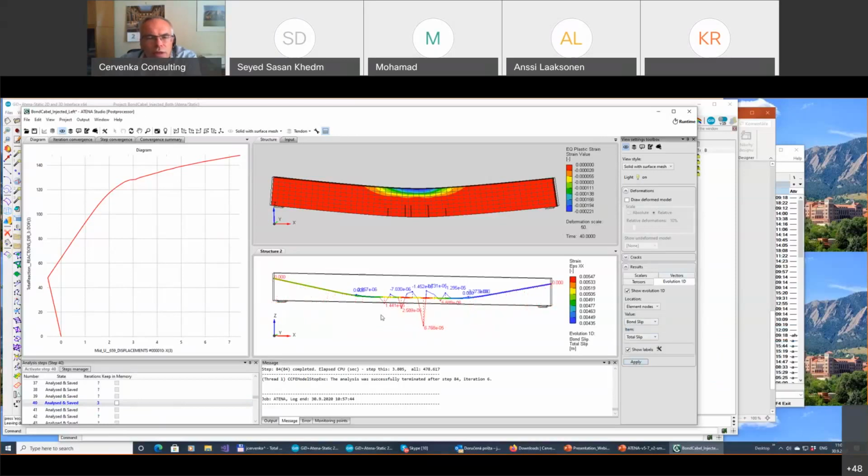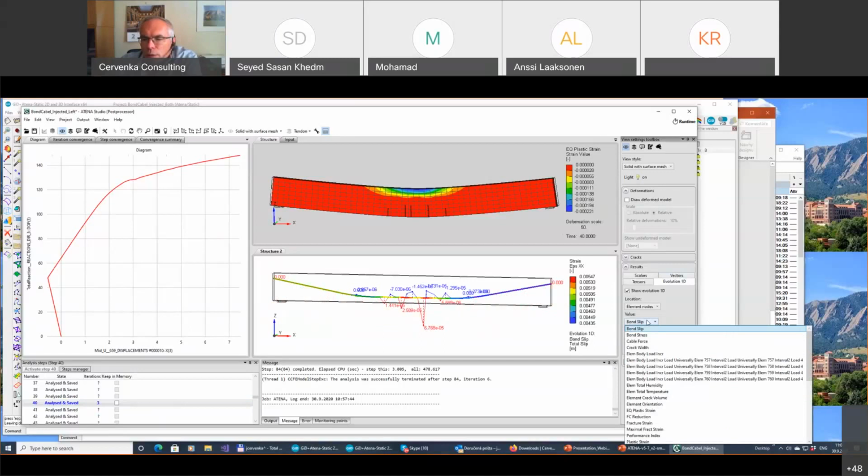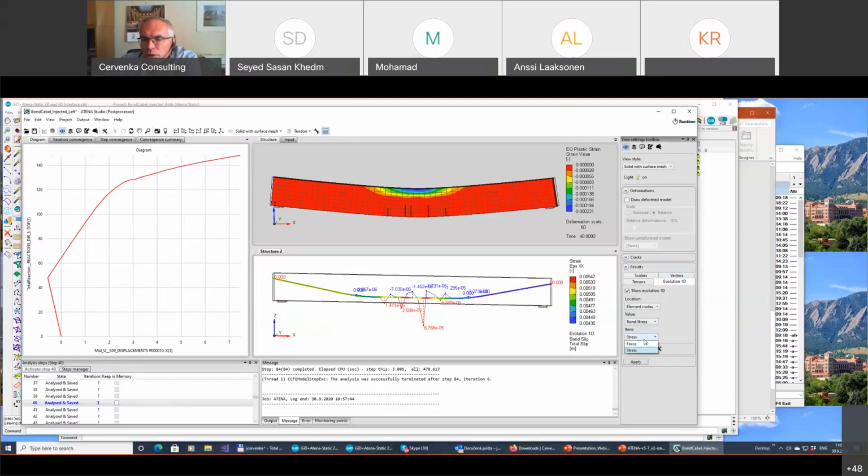So you exactly see how the reinforcement tendon starts slipping, and you always see it's around the cracks. On one side of the crack, the slip is positive, on the other side it is negative. We can also see what the bond stress would be. The bond stress is also positive on one side and negative on the other.